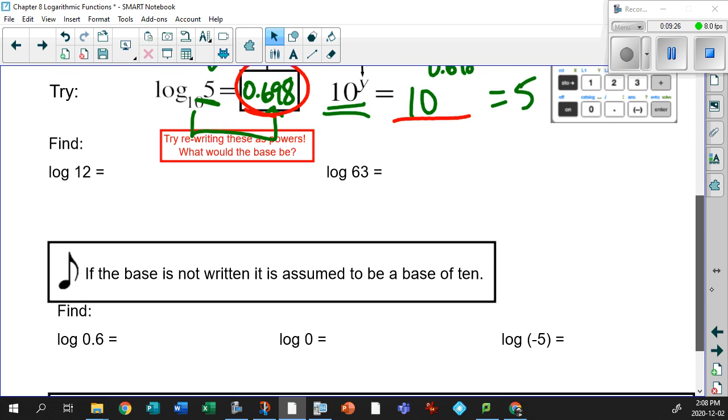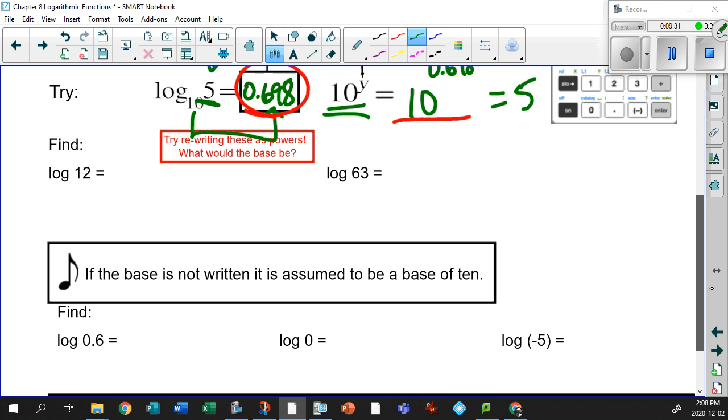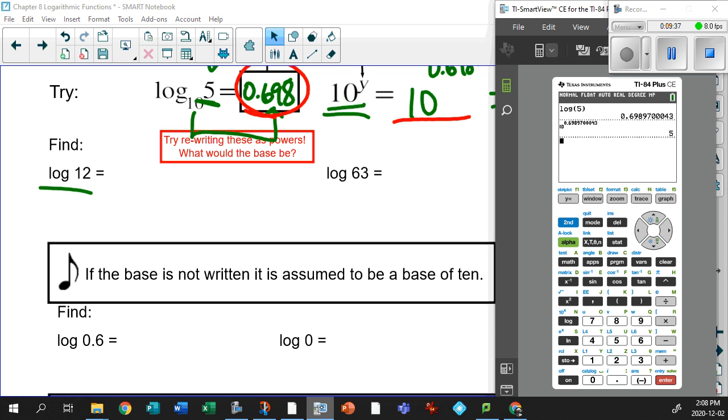Let's finish this podcast off here with a couple of interesting numbers. Let's do log base 10 of 12. Okay, let's bring up the calculator. Here we go. Clear this out of here. Log of 12 gives me this crazy number, 1.079. So that means if I take the inverse of the log of this number, I should get 12 back.